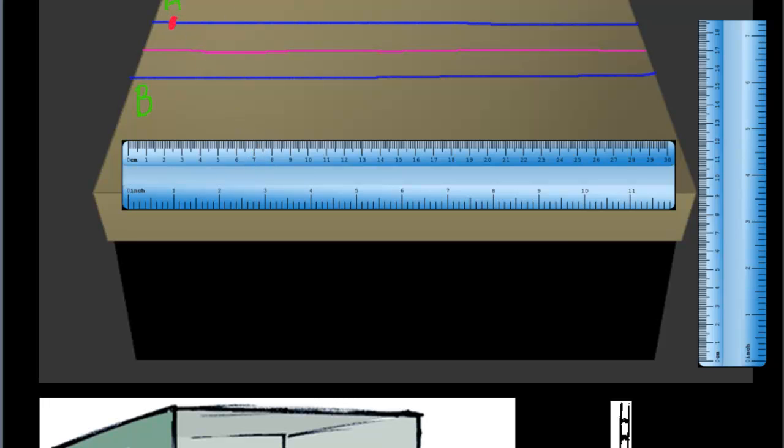You may want to draw it first. Another 2 centimeters, another 2 centimeters, and you're going to keep going all the way to the end, every 2 centimeters on your box. And you're going to do that for both lines, A and B. Then go down here and do the same thing.